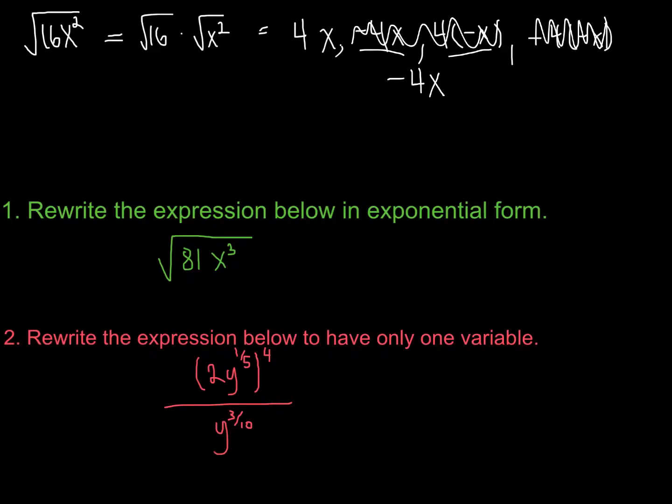And so what I realize is that my options are either I have positive 4x or I have negative 4x. Those are the two possibilities.